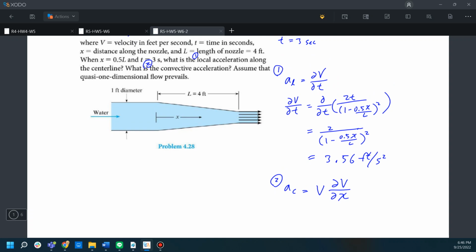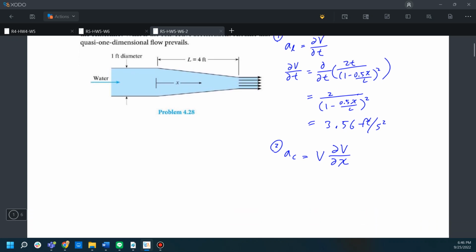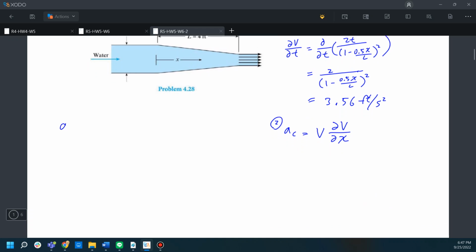Here we just focus on the critical knowledge we need to solve the problem. So we have the equation here, and the thing we need to solve is partial v partial x.